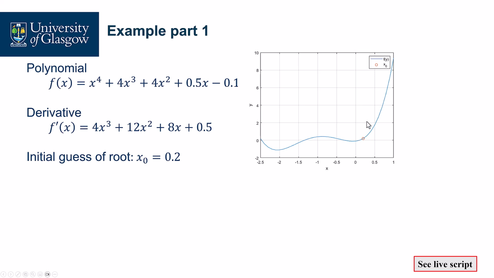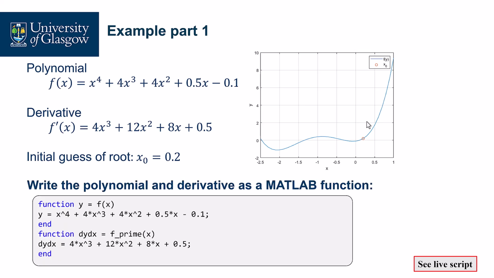Right. Now we need to write the program. To write this program, let's first write two functions. We first write the f(x) function, then the derivative of the f(x) function. So they are here, right? The function is y equals f(x), this function. Then the derivative dy/dx, we put it as f prime x.